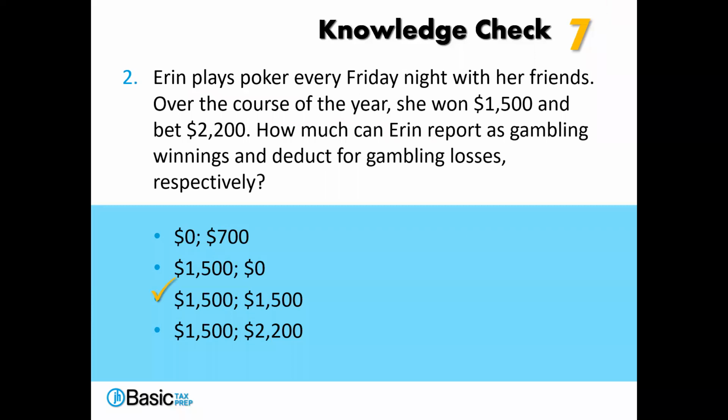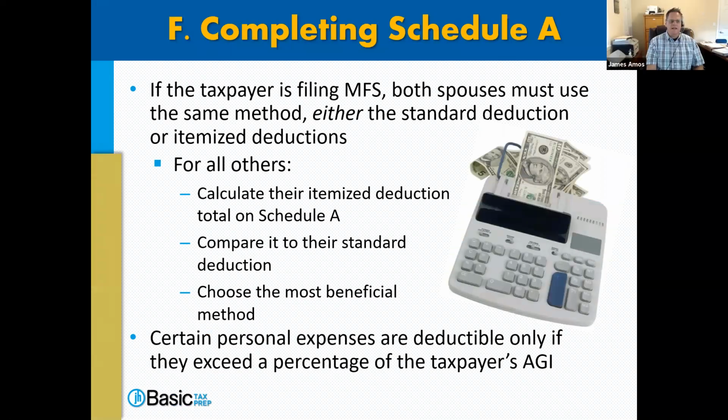That's exactly right. Completing a Schedule A, all you do at this point is add it all together. I mean, my gosh, this isn't complicated. You add it all together, then you compare it to the standard deduction that we were talking about. So add all of your Schedule A expenses together. And where do you come up with your final total itemized deductions on Schedule A?